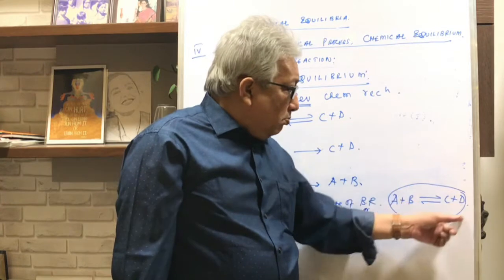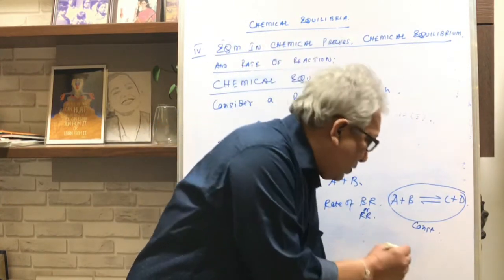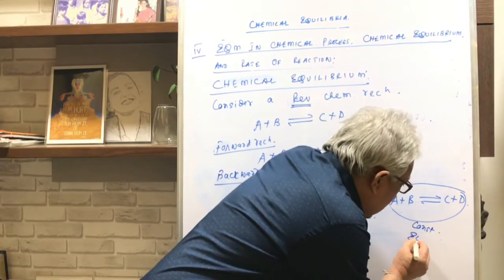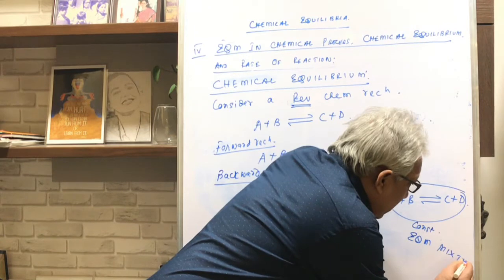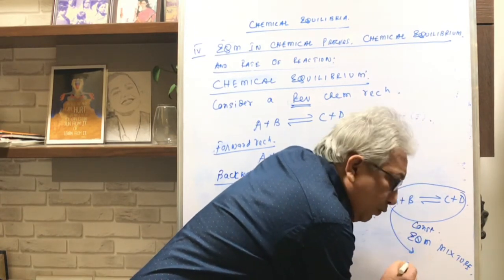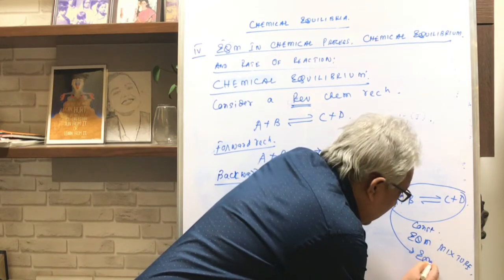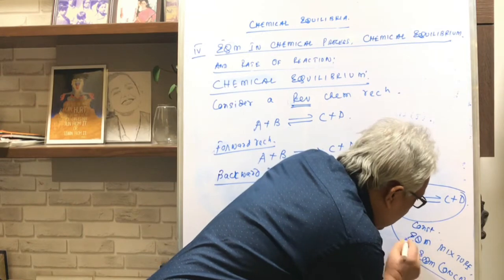And when the equilibrium is achieved and everything has become constant, this mixture will be called as equilibrium mixture. And individual concentration of A and B will be called as equilibrium concentration. So this idea should be very clear in your mind.